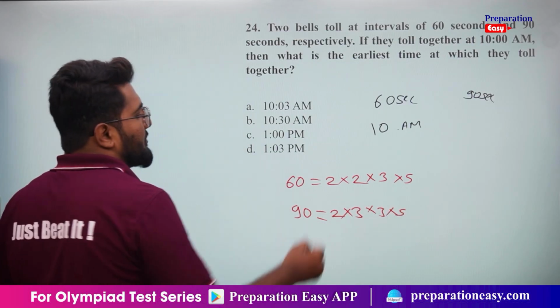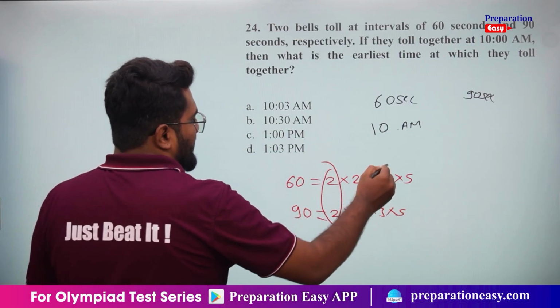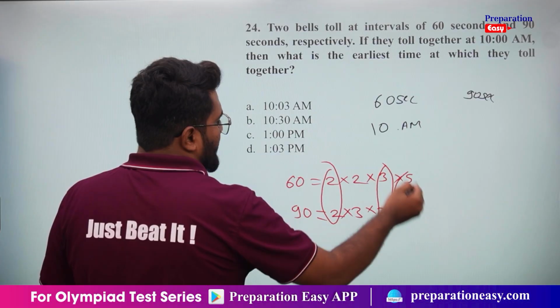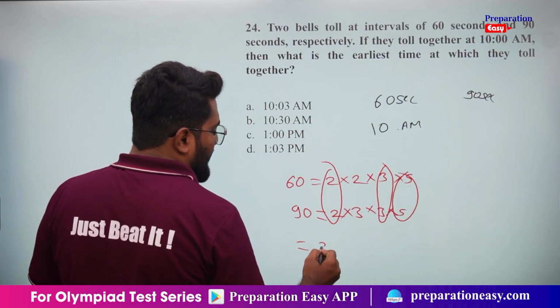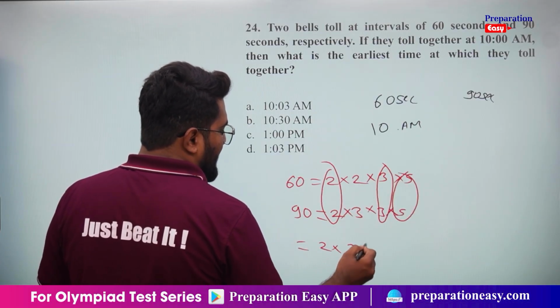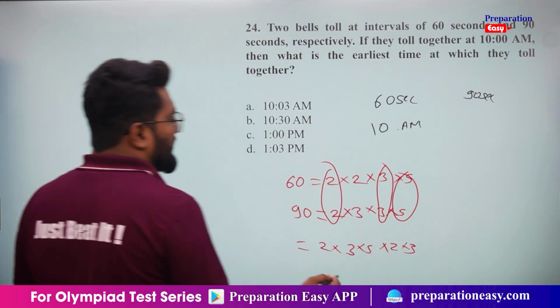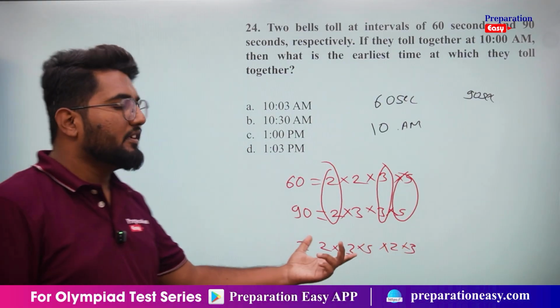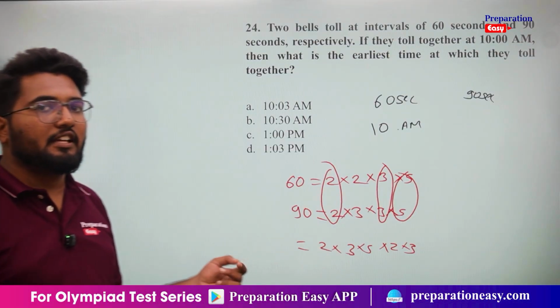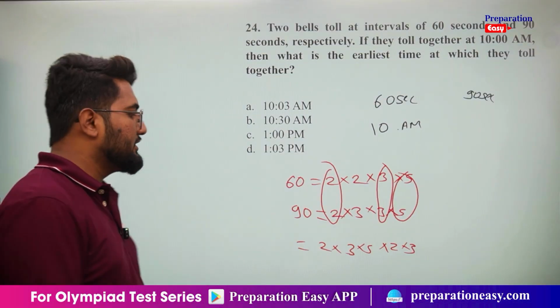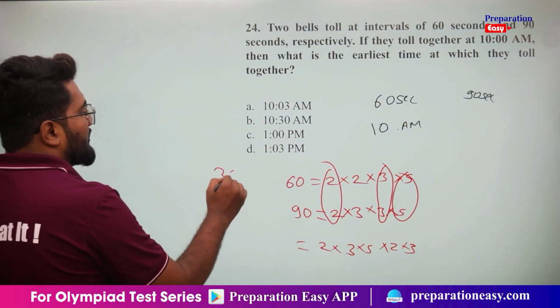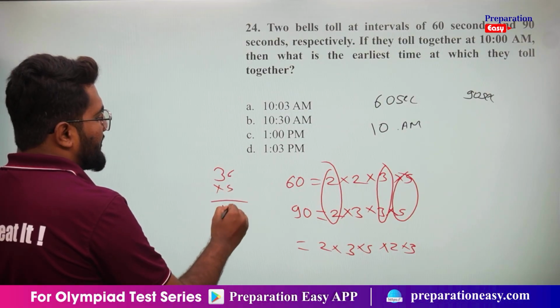So what are the common numbers? 2 is common, 3 is common, 5 is common. So I will write it as 2 multiplied by 3 multiplied by 5 and the remaining 2 into 3. That is 2 square, 3 square, 5. 2 square, 4. 3 square, 9. 9 fours are 36. 36 multiplied by 5, which will become 180.